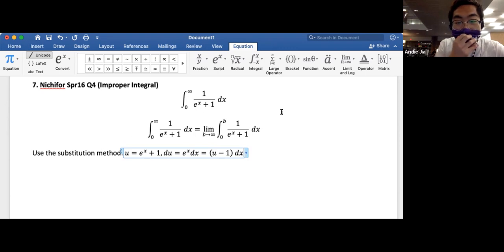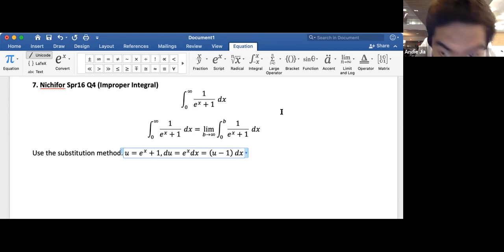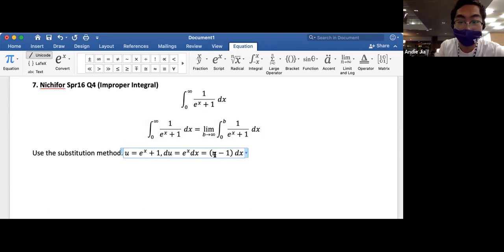Then change the bounds after the u sub. So u equals e to the 0 plus 1, which equals 2. The 2 is the lower bound. For the upper bound, we don't know the exact number, so we set it as a constant c.